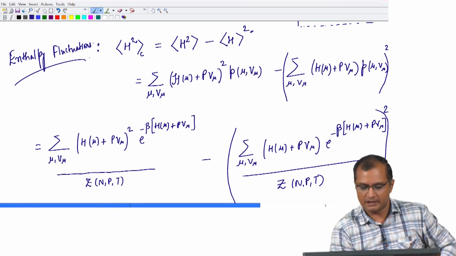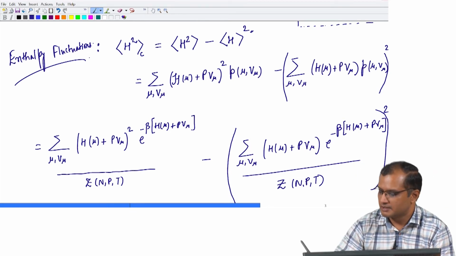The quantity inside the bracket is the average of the enthalpy and there is a square outside this bracket.